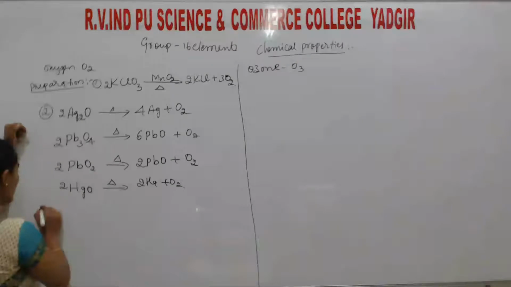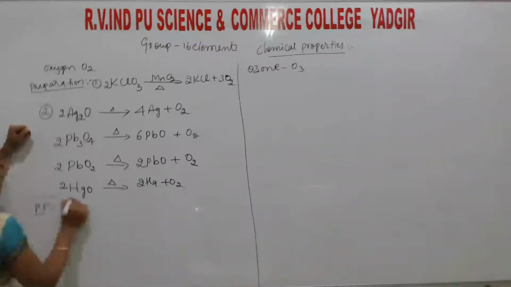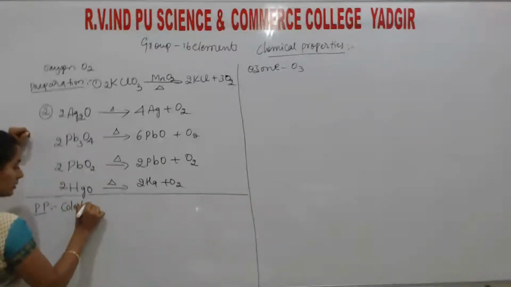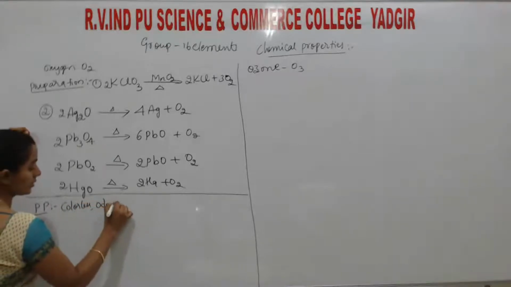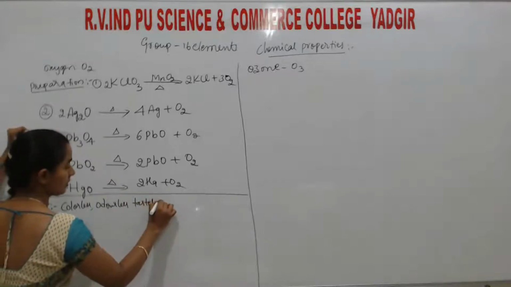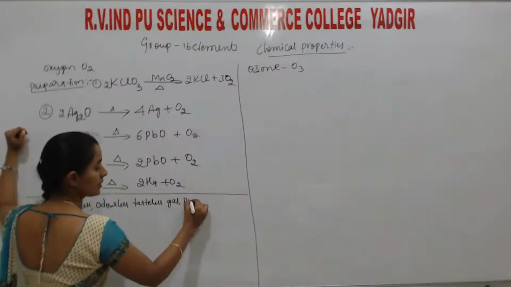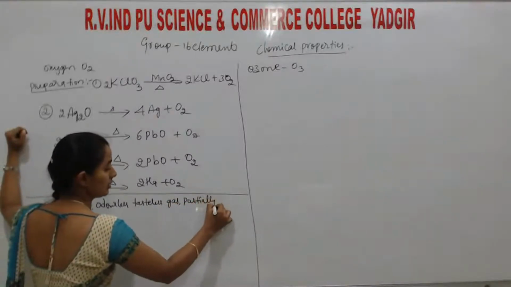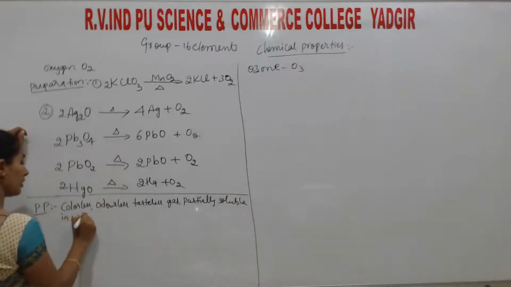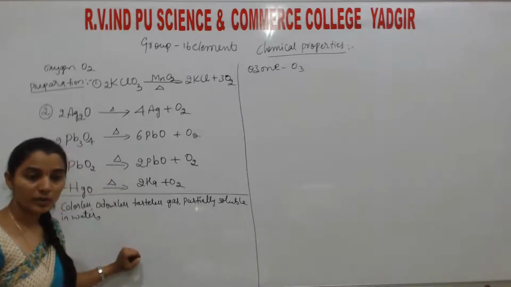Students, next one is physical properties. I'll say this is colorless, odorless, tasteless. Next, partially soluble in water. Of course, oxygen is partially soluble in water.